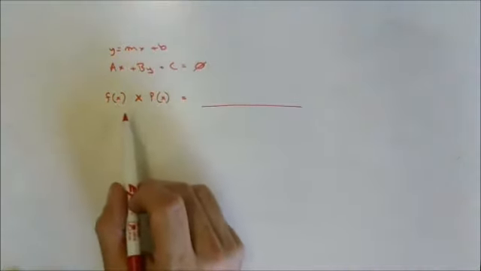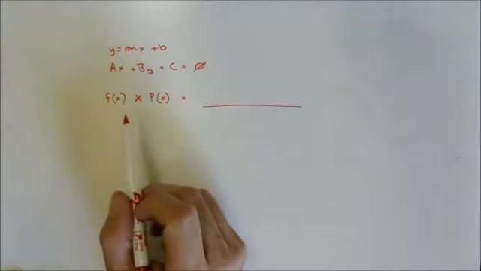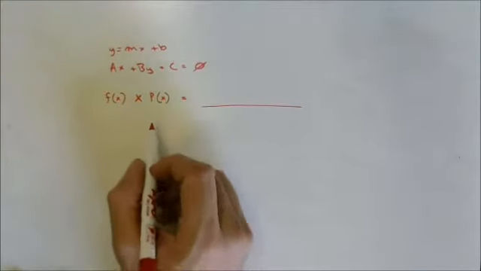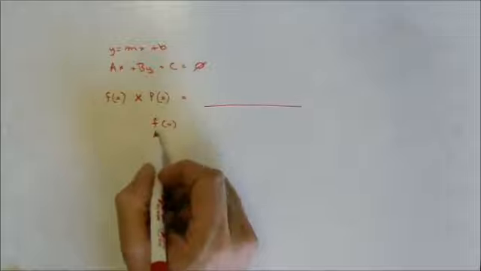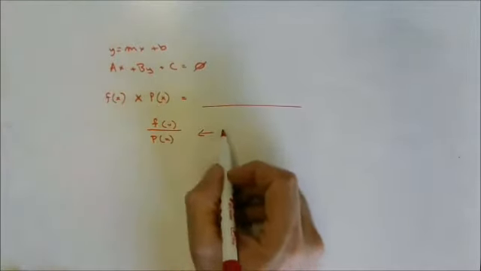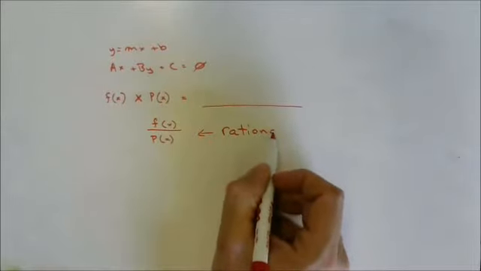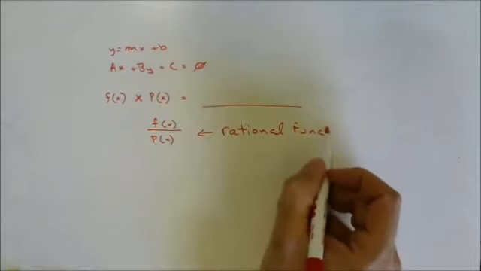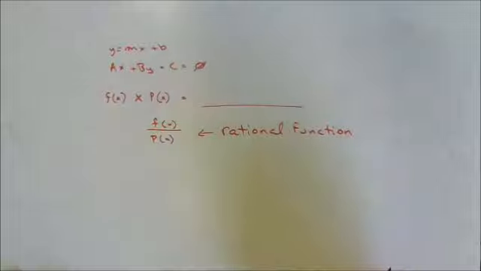It's just going to be another polynomial function. But if you divide polynomial functions, if you wrote f of x divided by p of x, you end up with what is called a rational function. I'm going to take better notes on this in a second for you. This is just giving us some intro.